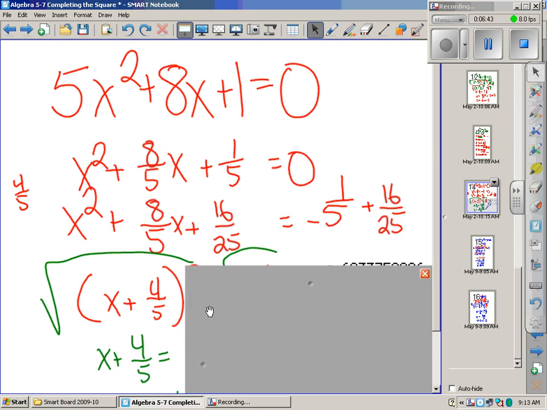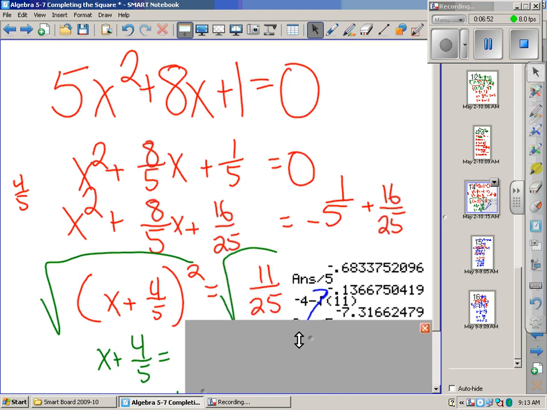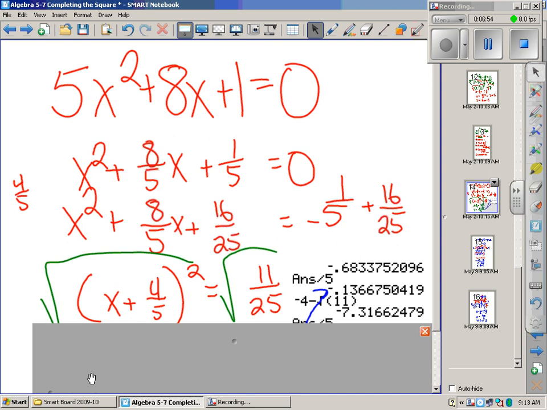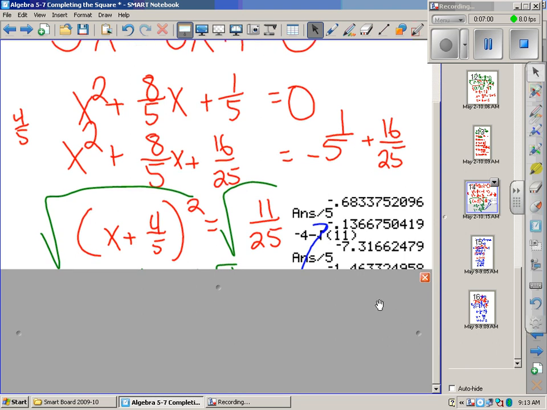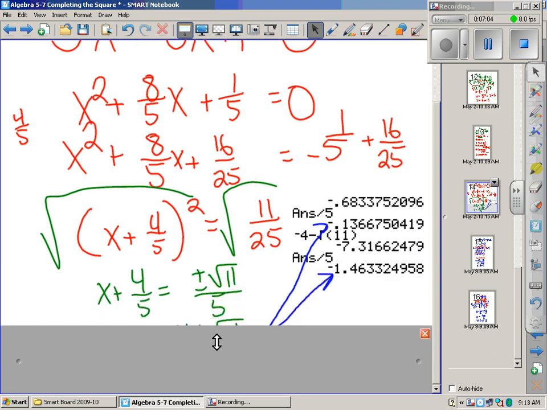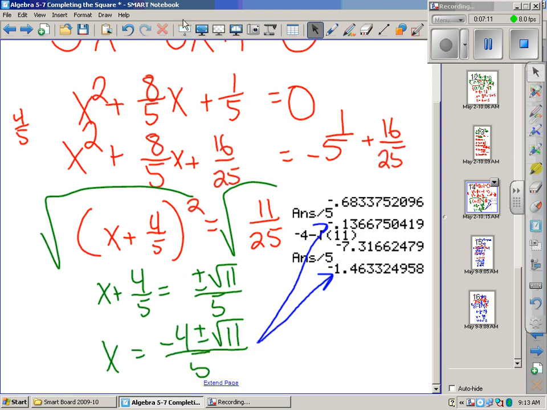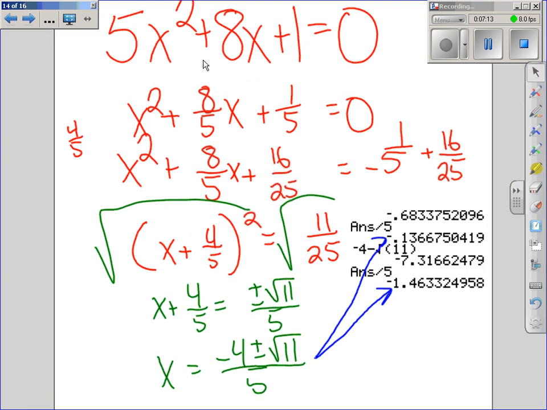We can show that. Then over here, again, it looks a little awkward. Get a common denominator, which is going to be 25, and then you're going to get positive 11 over 25. You take the square root of both sides. Remember to put in the plus or minus, and then we subtract the 4/5. Now this is where the calculator comes in, because there are two answers.